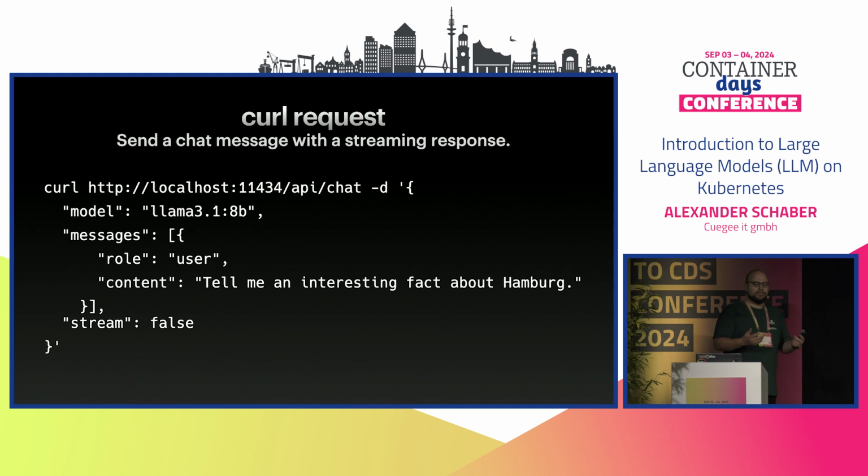So I said localhost, but you can obviously port-forward into the cluster. Just go ahead and ask it by curl: hey, listen, I want to add the model, or rather you specify the model, you specify the message, you say, hey, I'm the user, and I want to learn an interesting fact about Hamburg. And then something interesting happens here, because I said stream equals false. The APIs are designed to output each word or each token they generate.